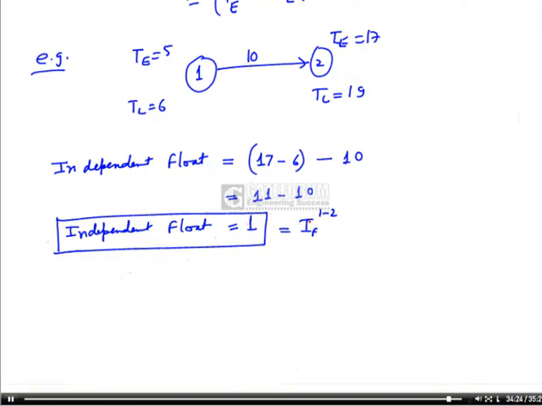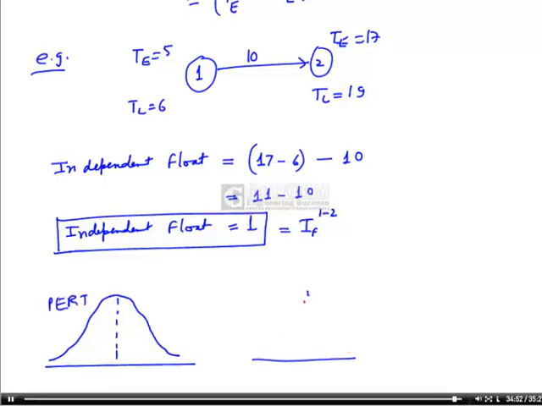After having this analysis, we can say that PERT is a probabilistic system, on the other hand CPM is a deterministic system. That's why while making a model, PERT and CPM can be drawn as follows. The area of the curve is more for PERT. On the other hand, this is for CPM.